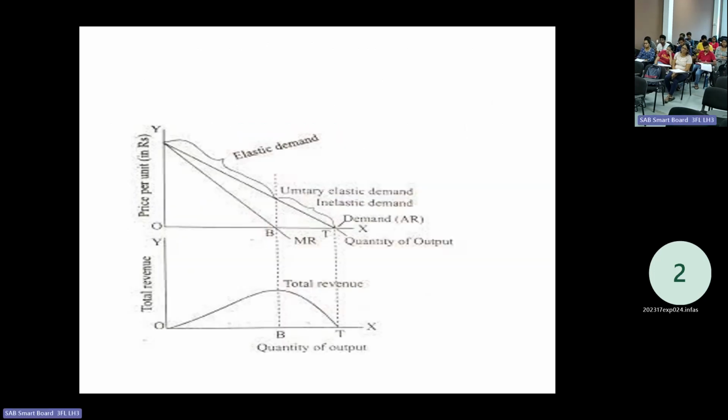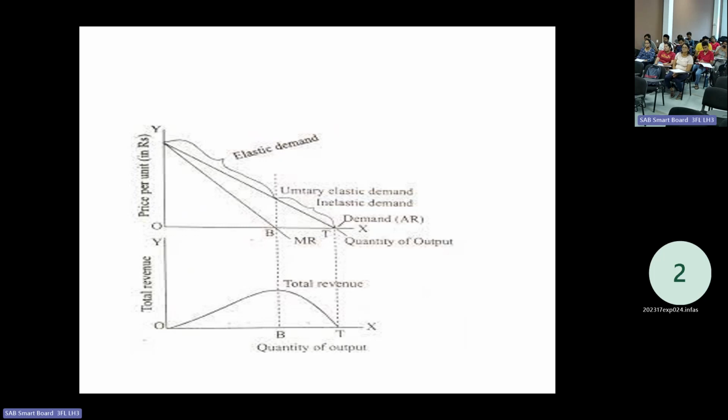So this is the one that we draw. We draw separately the total revenue curve. This is the demand curve, a downward sloping demand curve. For a linear demand curve, we know that price elasticity of demand varies from 0 to infinity.